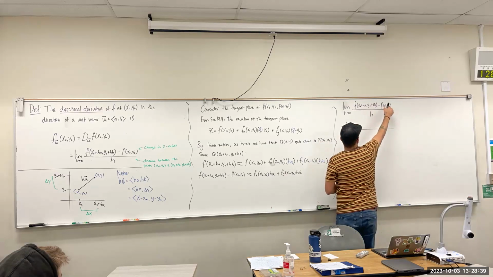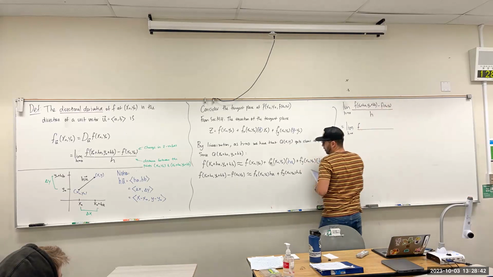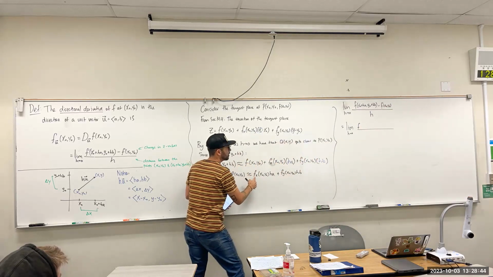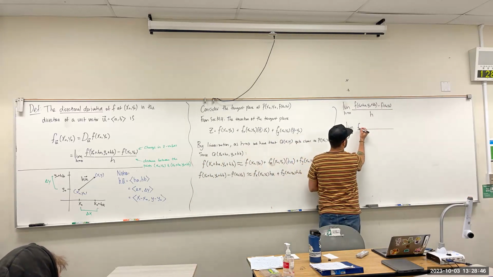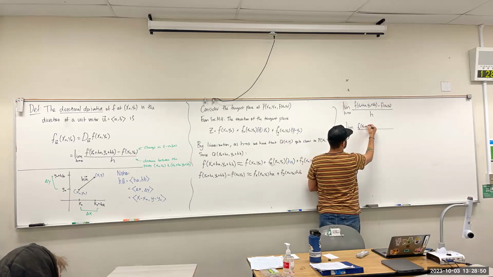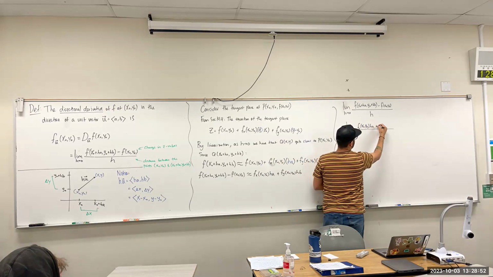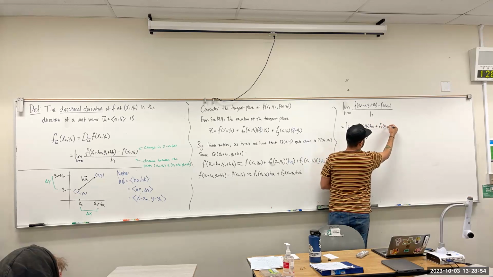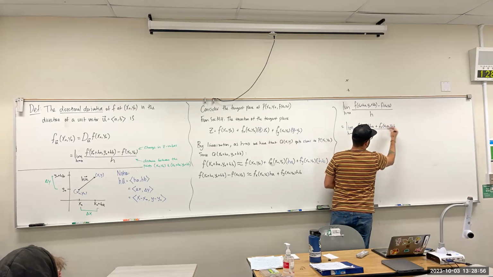So I can replace this numerator by the expression it's approximately equal to: the limit as h goes to 0 of f partial x times ha plus f partial y times hb, over h.